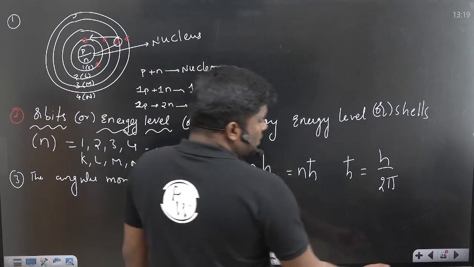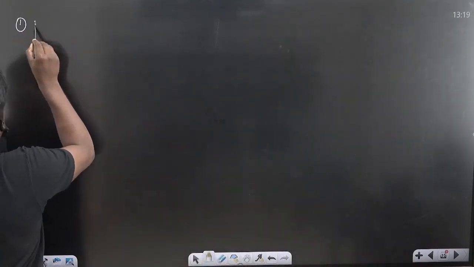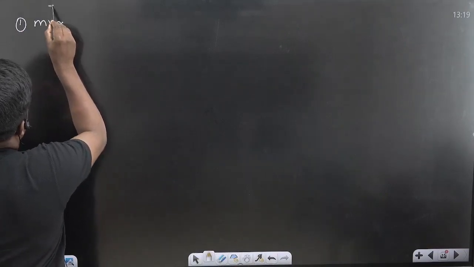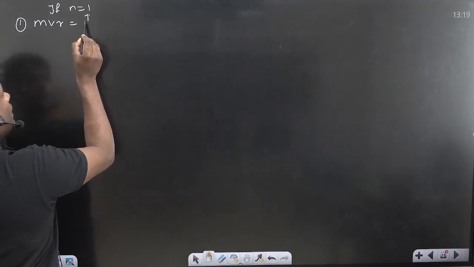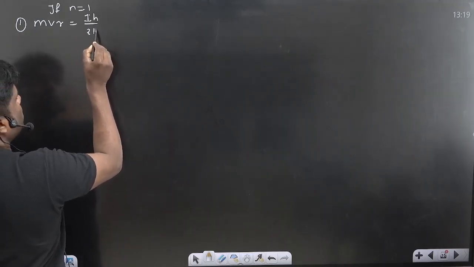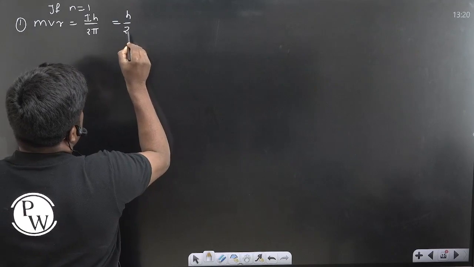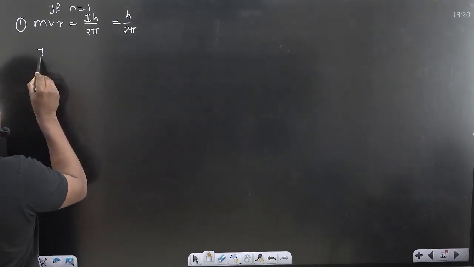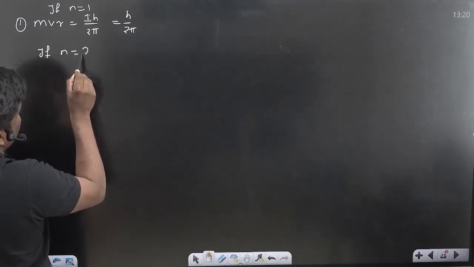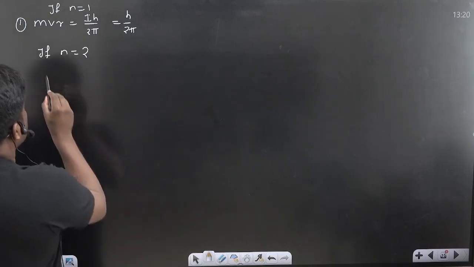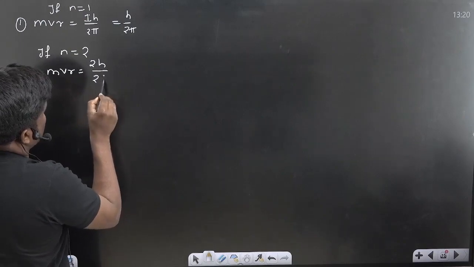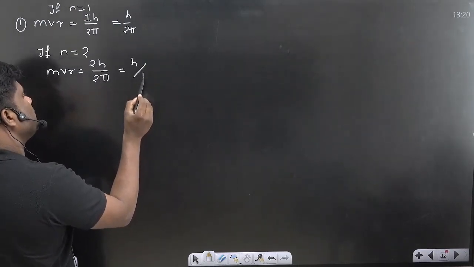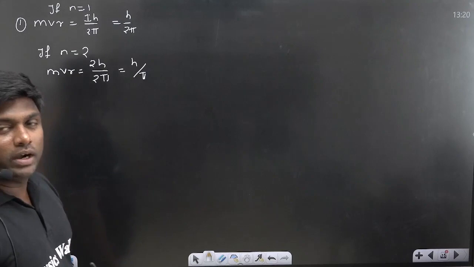It means the angular momentum mvr of an electron present in the first orbit, where n is 1, is h by 2 pi. If the electron is present in the second orbit, mvr is equal to 2h by 2 pi, that is h by pi.